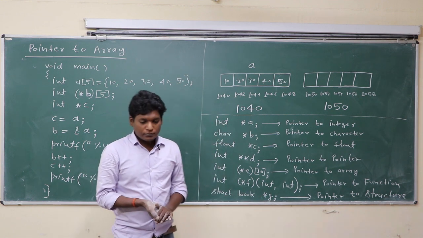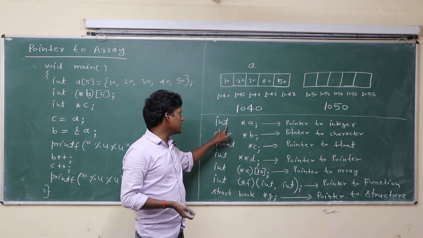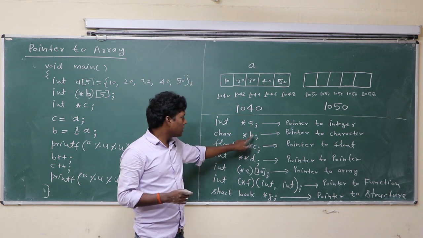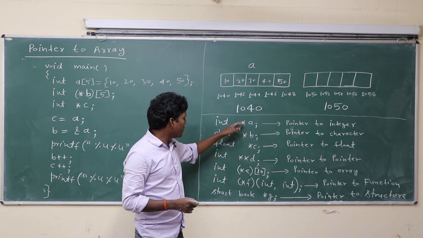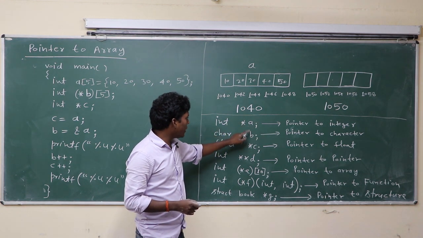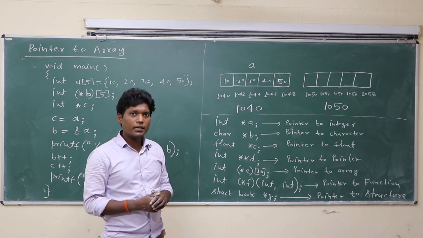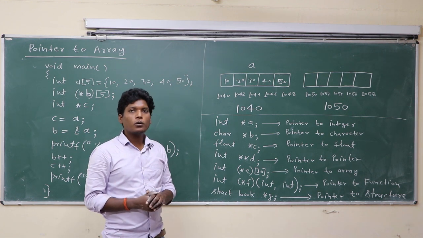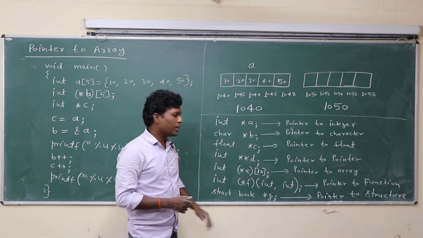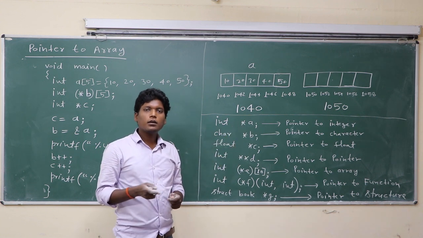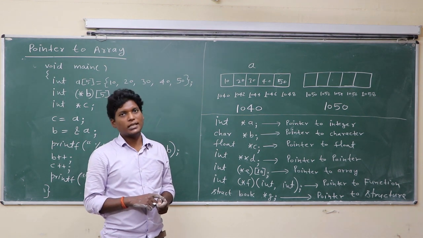So class, we have studied pointer to integer. A is a pointer to integer, B is a pointer to character, C is a pointer to float. We have already learned about A, B, C. Like A, B, C, there is also pointer to pointer, pointer to array, pointer to function, and pointer to structure.